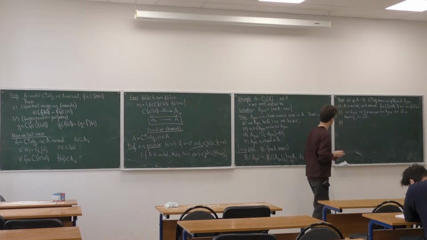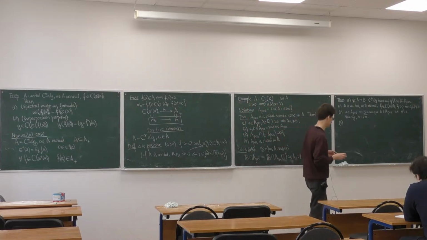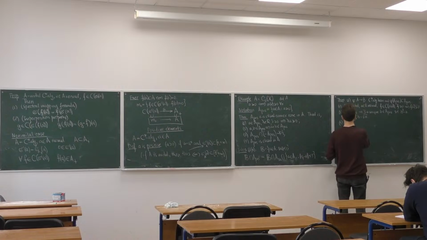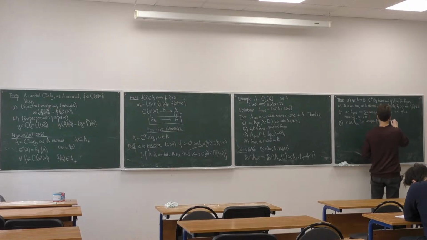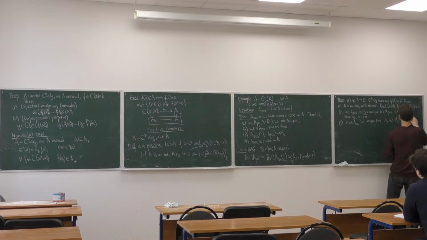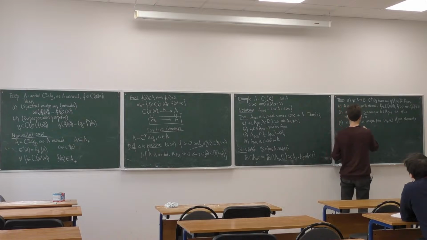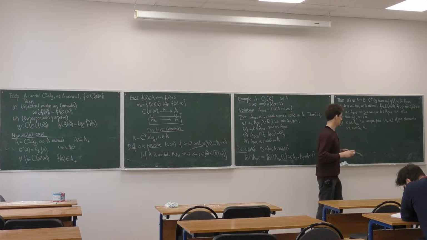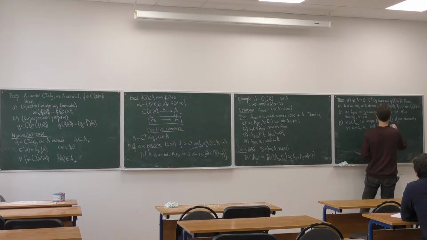Property 4 tells us that every self-adjoint element can be canonically decomposed as a difference of two positive elements. More exactly, for every self-adjoint element little a, there is a unique pair, A plus and A minus, of positive elements such that A equals A plus minus A minus, and such that the product of A plus and A minus is 0.